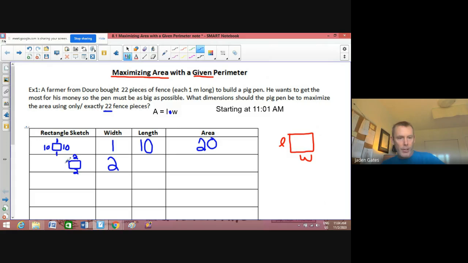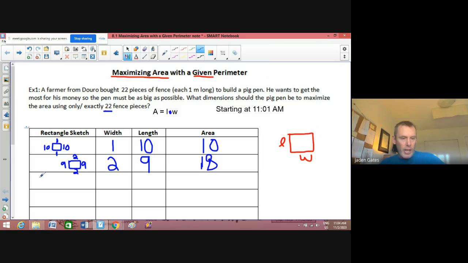So 18 divided by 2 is 9. And so this would be a 2 by 9 rectangle. And again, I can find the area, length times width. I got 2 times 9, which is 18. Actually, 1 times 10, I messed that one up, didn't I? Glad somebody said something to me. That is actually 10. All right, so we have 18 and 10.